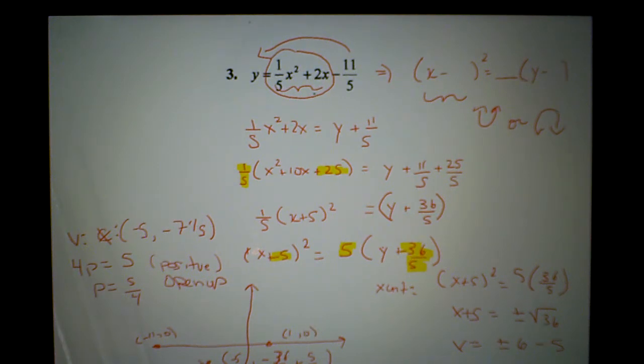My y-intercept comes when I make x 0. Write that over here. My y-intercept is 0 plus 5 squared is equal to 5 times y plus 36/5, and then I say, duh, I don't need to do that.